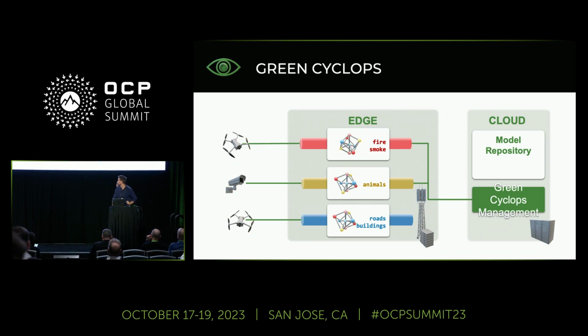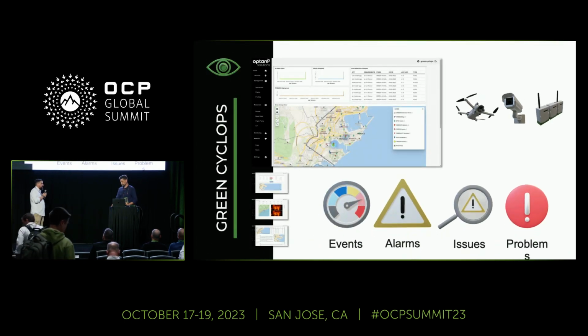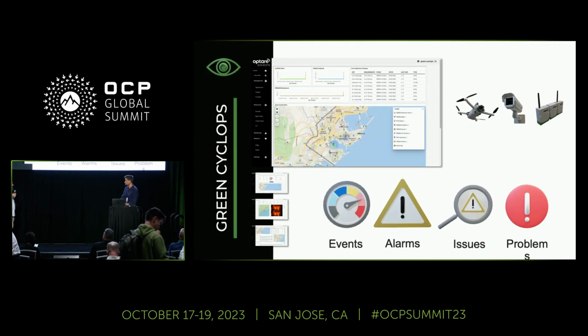As the detections are made by the inference models that we deploy in the application instance at the edge, events are generated. These events, as well as events from the IoT hubs, where we retrieve information, pass a correlation process to raise an alarm.